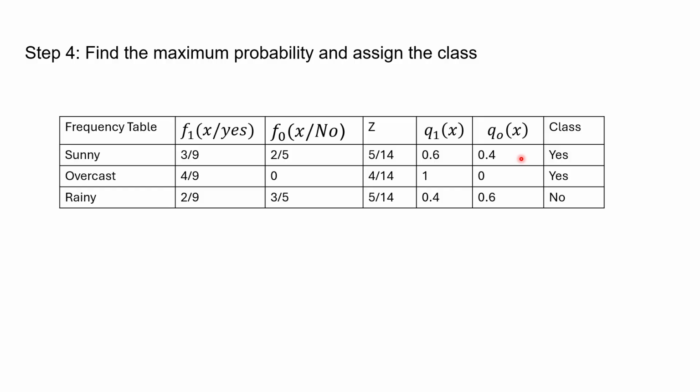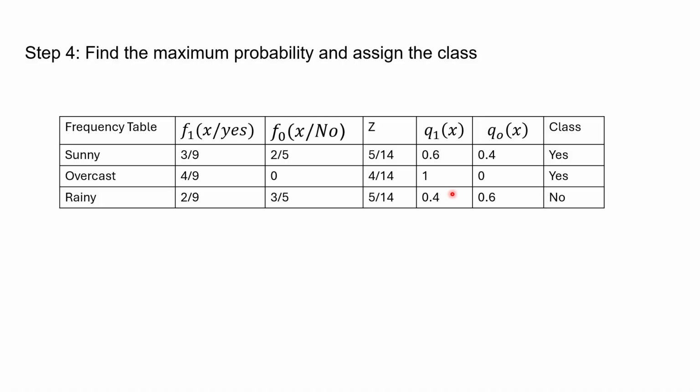So it falls under class 1, which is nothing but the yes class. And for the overcast case, Q1 of x is 1 and Q0 of x is 0. So here also it is evident that Q1 of x is greater than Q0 of x and the class falls under one class, which is nothing but yes.